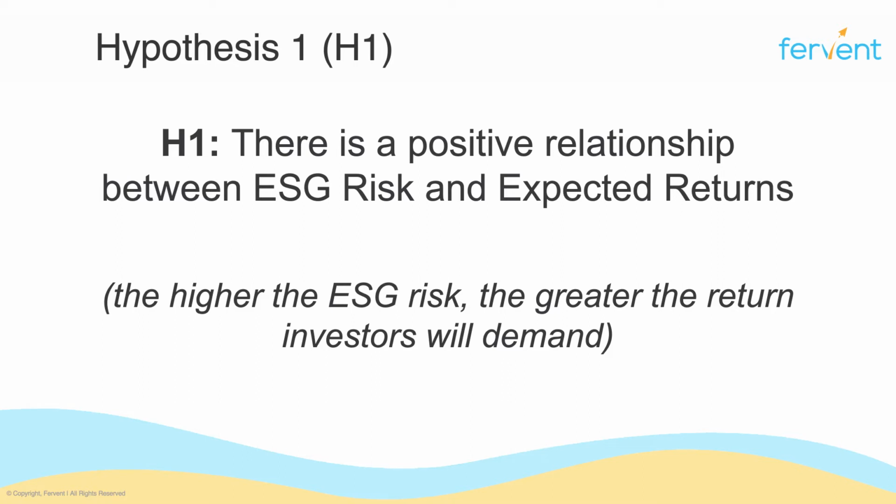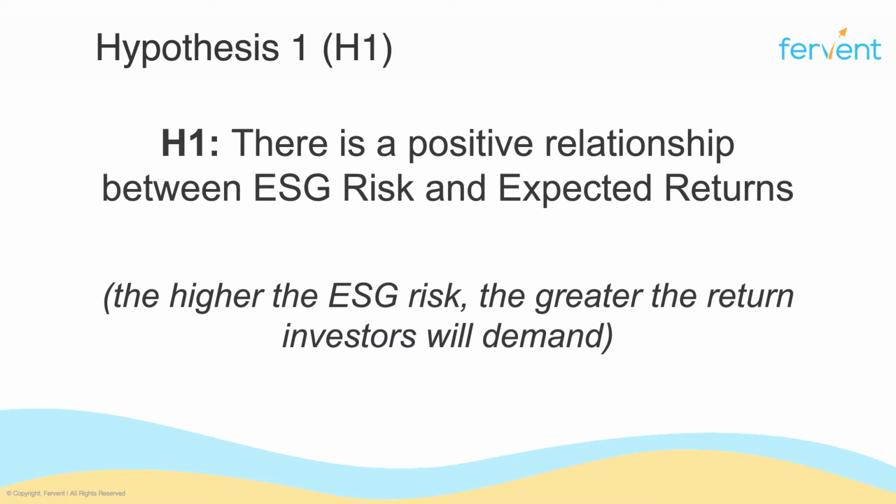Importantly, and I really can't stress this enough, although it looks like a conclusive statement, like a definitive statement, it is anything but, right? Because this is a hypothesis. So we're hypothesizing that this statement holds, that there is a positive relationship between ESG risk and expected returns. Okay, so this is our first hypothesis.